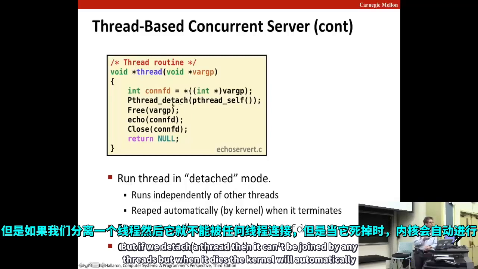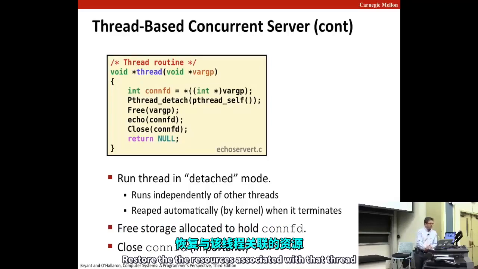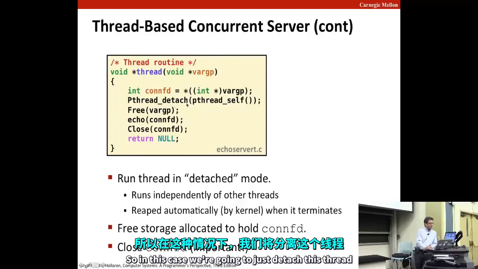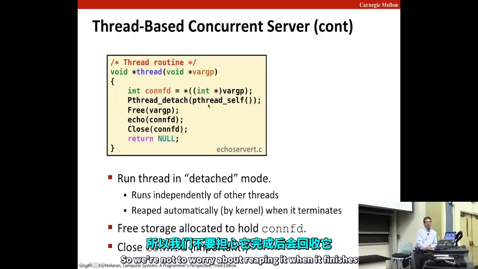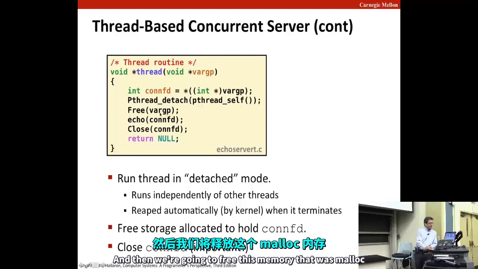But when it dies, the kernel will automatically restore the resources associated with that thread. So in this case, we're going to just detach this thread, so we don't have to worry about reaping it when it finishes. And then we're going to free this memory that was malloced.